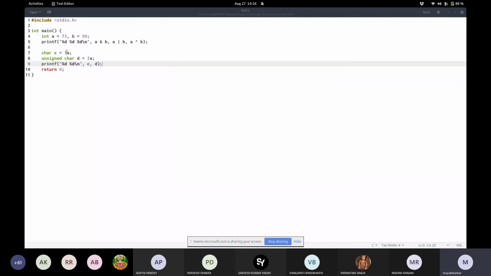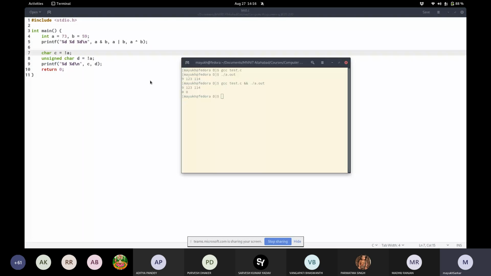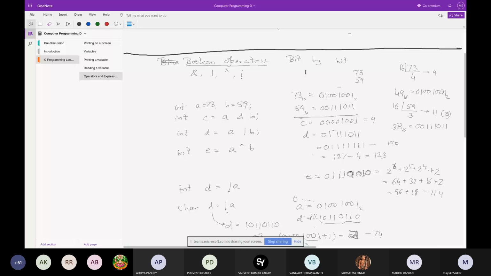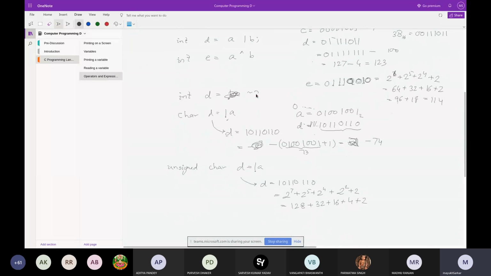Sorry, I wrote the wrong symbol here. This is conditional not. That was a mistake. For Boolean not, this is the tilde symbol. So this will be tilde a, this will be tilde a.